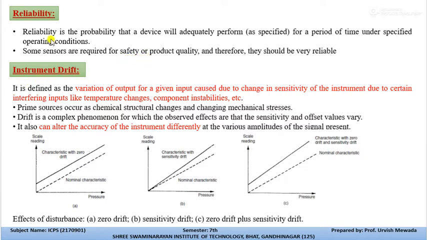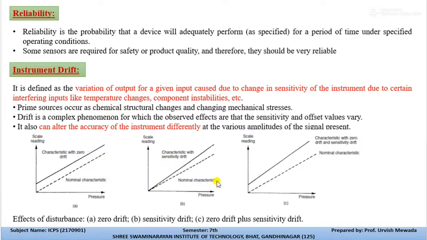The next characteristic is instrument drift. Drift means a variation of output for a given input caused by a change in the sensitivity of the instrument due to interfering inputs like temperature change or component instabilities, etc. Due to that, your instrument will not respond properly for a particular time, and that is called drift.